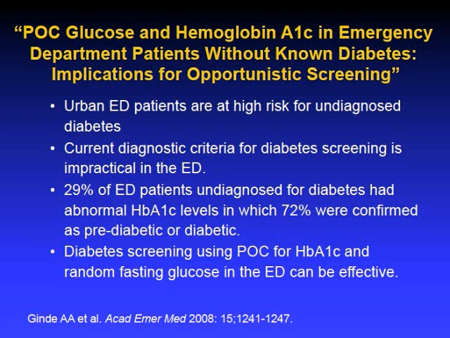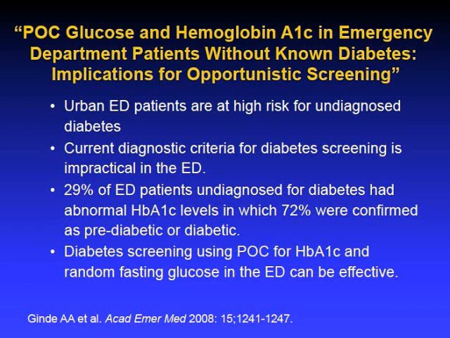Not only is it useful for point-of-care technology to be used in low-resource, remote, or rural areas, but the emergency department is also another setting where rapid point-of-care technology can be effective in diagnosing diabetes, especially in emergency departments in urban settings where patients are found to be at high risk for disease.